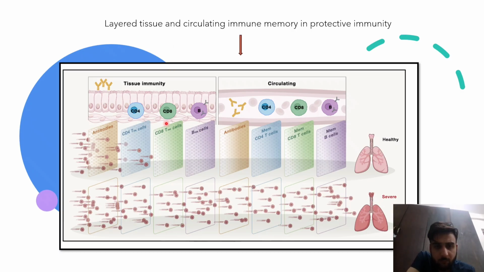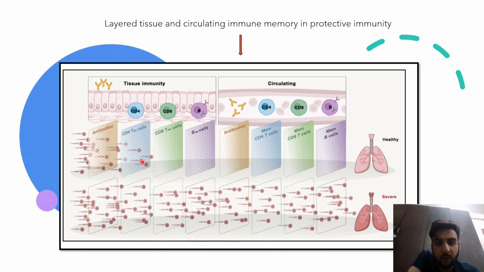In the case of tissue immunity, in the different tissues there will be the presence of antibodies, CD4 T cells, CD8 T cells, and B cells. And in the case of circulating immunity, this will also have the antibodies, memory B cells, and memory T cells. So in the case of healthy tissue, all those layers will be present.